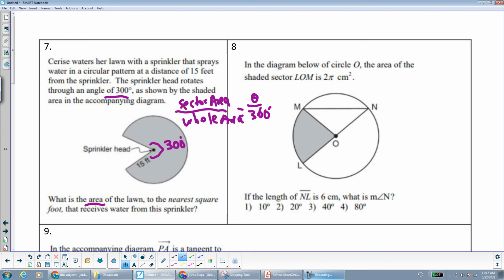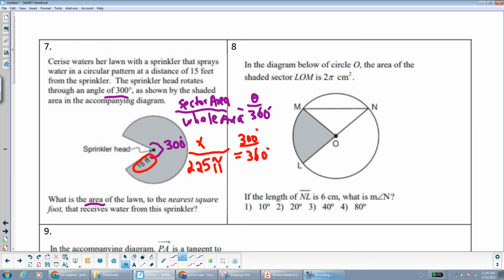So let's just plug in. We're finding the sector area. If the radius is 15, then 15 squared is 225. So 225 pi would be the area of the whole circle. And that's equal to central angle over 360.